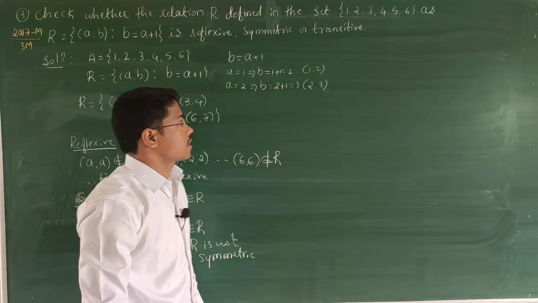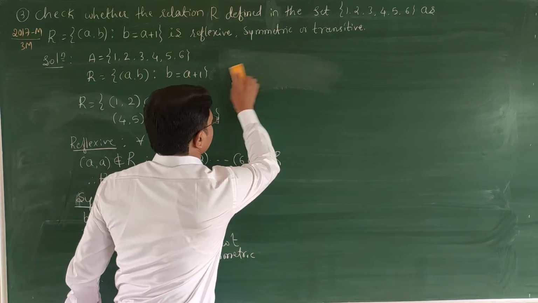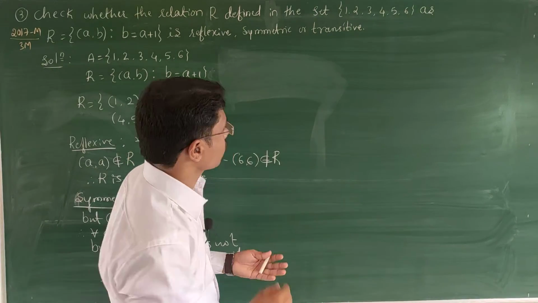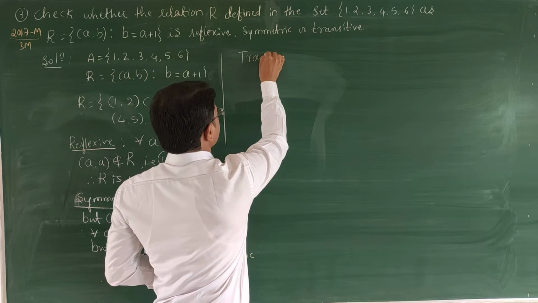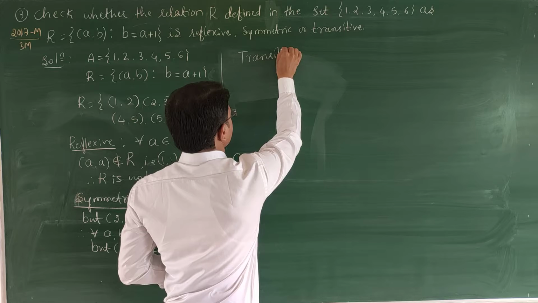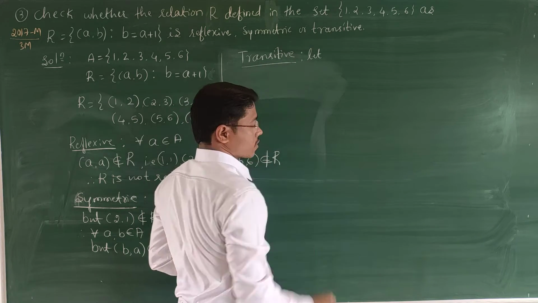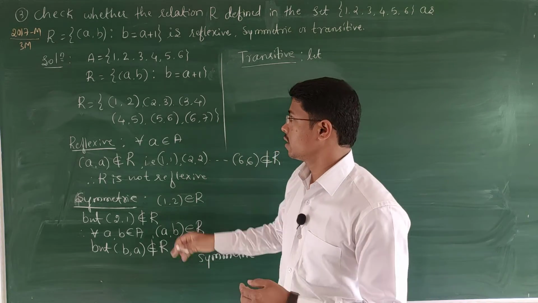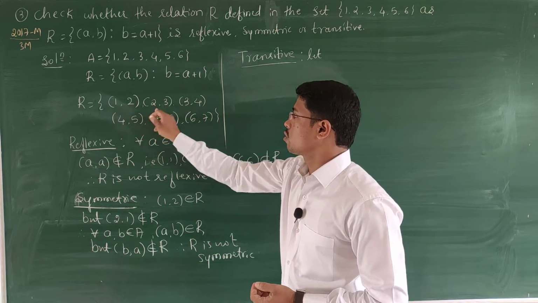So the last one is the transitive relation. So let us consider any two ordered pairs, that is (a, b), (b, c), like (1, 2), (2, 3).